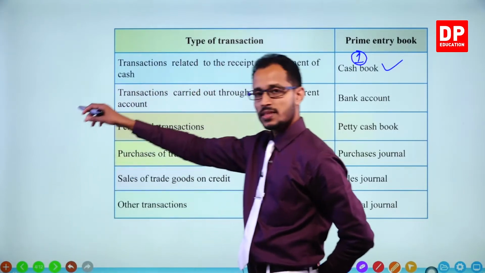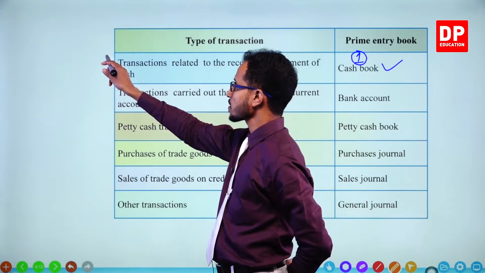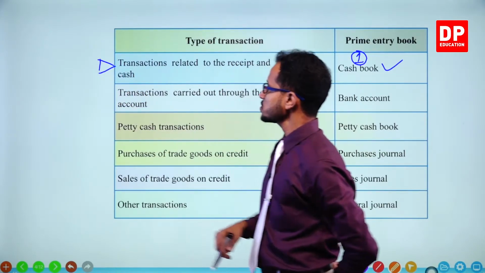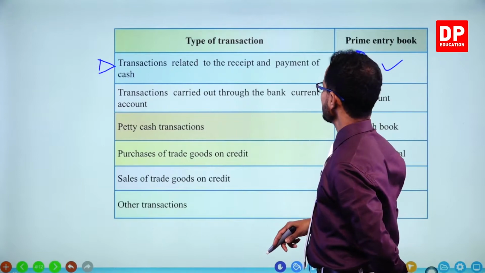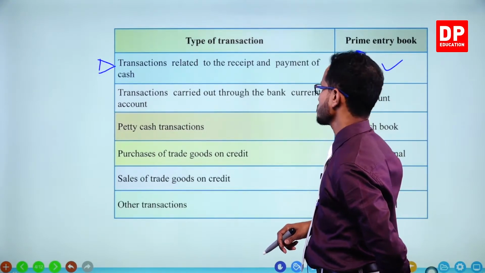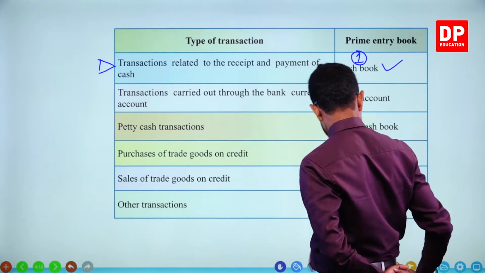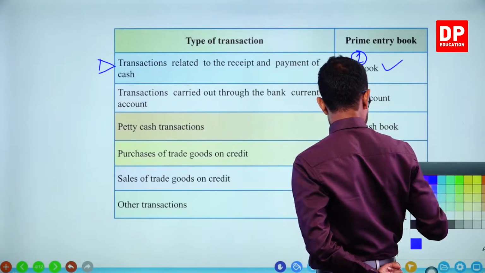Let's see what the explanation is. It says transactions related to the receiving and paying of cash go to this book.